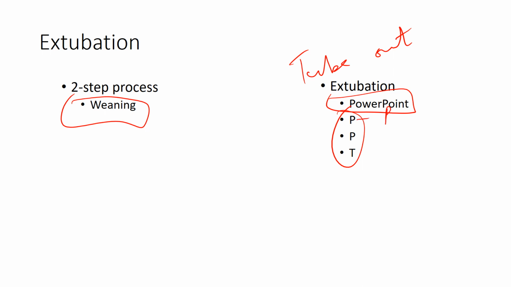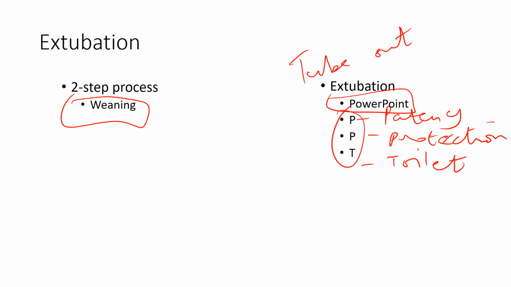which is airway patency, airway protection, and toilet. Okay, so you may be able to get the ventilator out, but if a patient remains unconscious and is unable to either protect the airway or have a patent airway, or you can get the ventilator out, but the patient has a large swelling in the neck, from a submandibular parapharyngeal abscess or something like that, which is now causing patency issues.